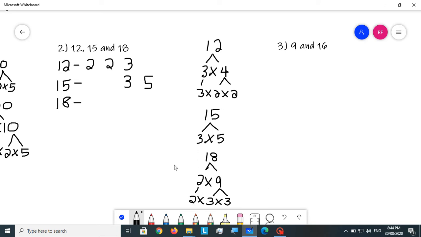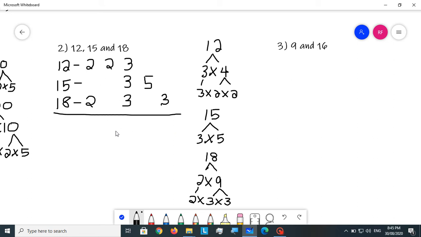So align the 2 here, then the 3. Align the first 3 to the 3 of 12 and 15. There's no more 3 for 12 and 15, so you just write 3 somewhere aligned horizontally to 18. And then bring down those numbers that are common to the 3 numbers.